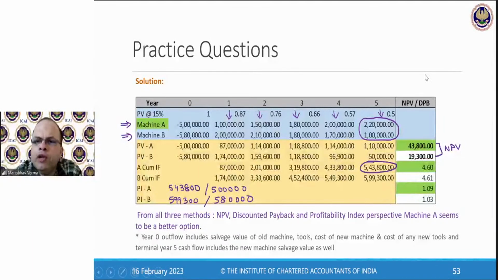Machine A preferred by all the three? Great. So no question so far. So we can move to the next practical question, guys.